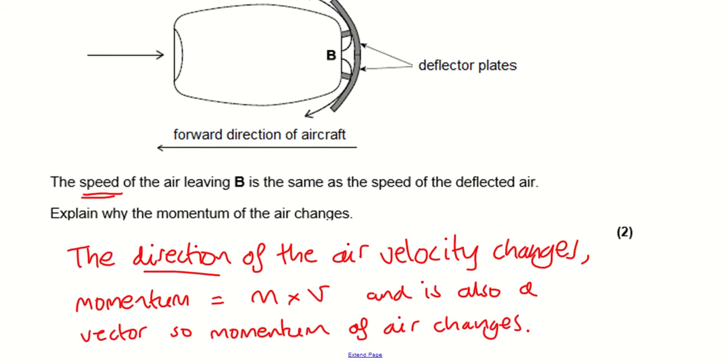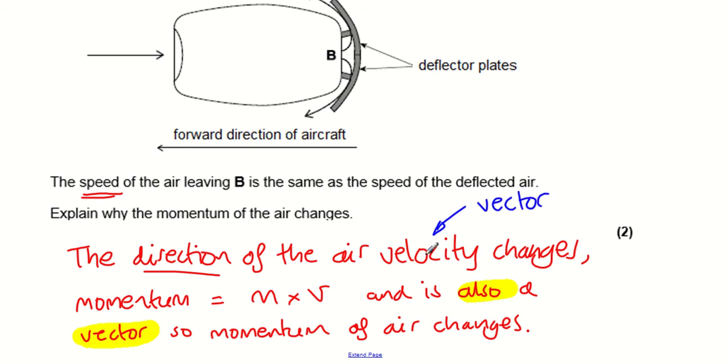But they're asking you then, why does the momentum change? It's the standard stuff. The direction of the air velocity changes, and as momentum is mass times velocity, there is a change of momentum. So I think one of the things I maybe need to say a little bit more clearly here, I've said that the momentum is also a vector, so maybe just to make it a bit clearer, point out that the velocity is a vector.